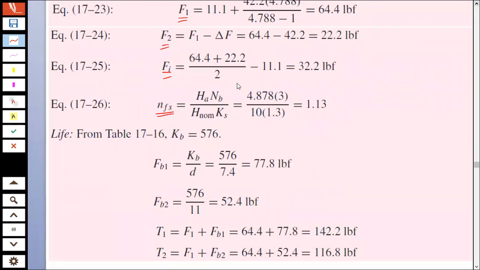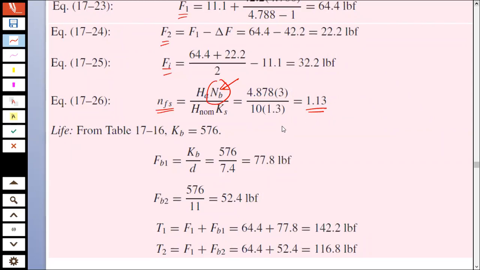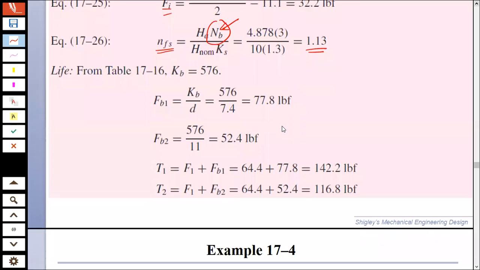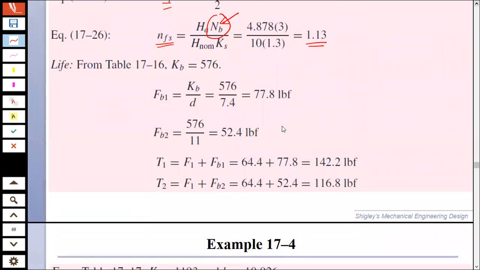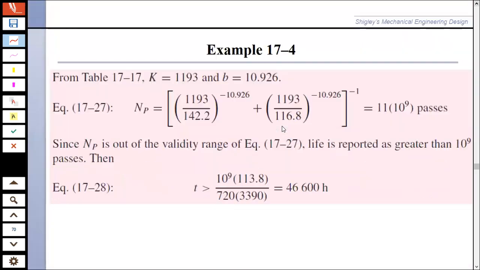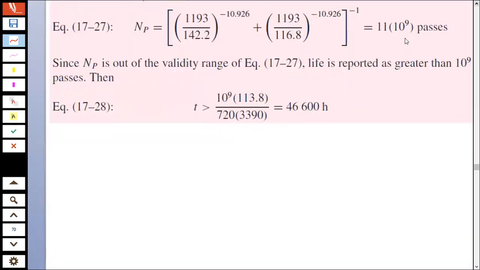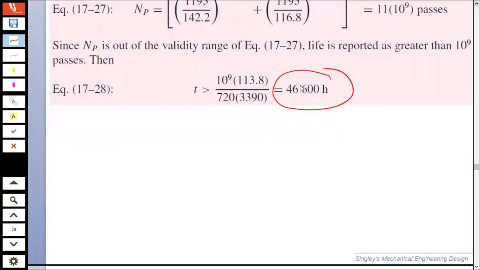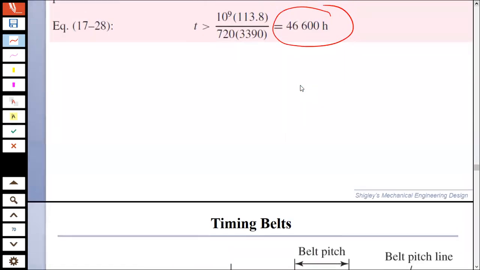And F yahan pe aapne 3 dalna hai because your HA is 3 times now because there are 3 belts used. So that turns out to be 1.13. Life, just use equation, wahi equations jo abhi maine aapko dikhaye, just use those and you will find out the number of passes ya the hours which is 46,600 hours. Theek hai ji, to ye accha ji.